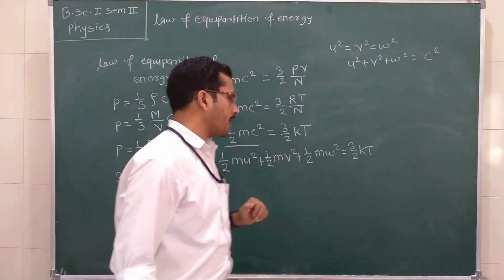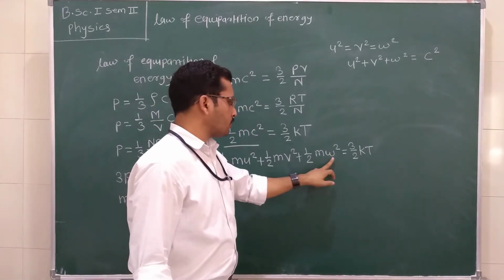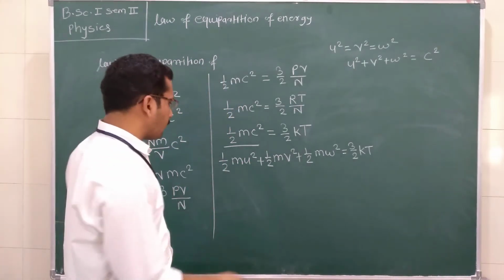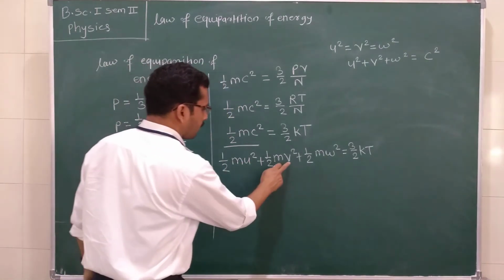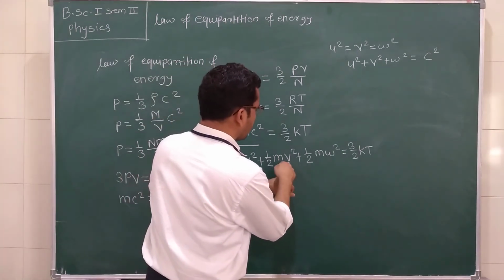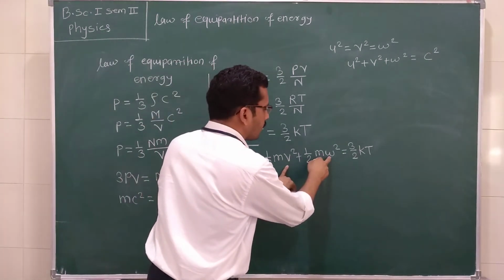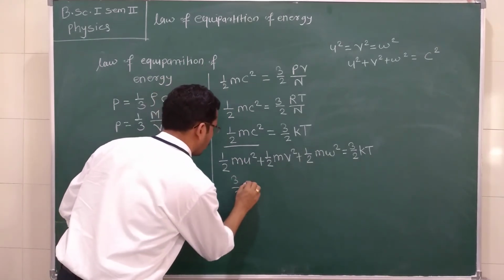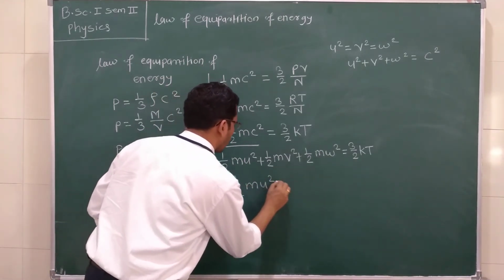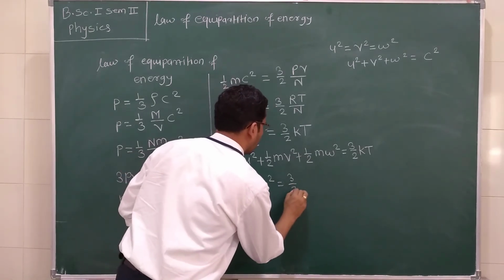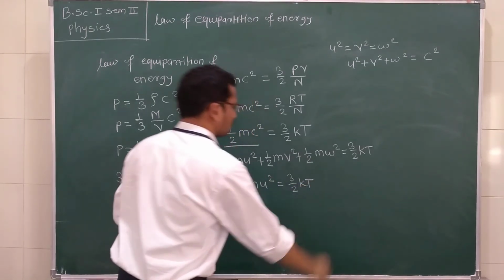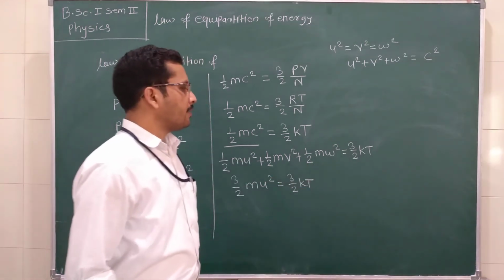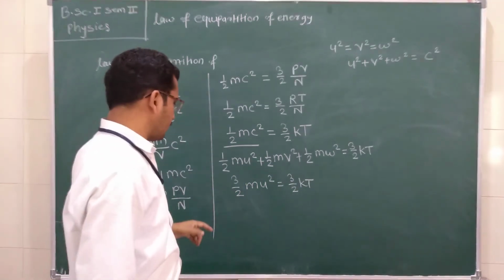So we can say that v² and w² are all equal to u². So this equation can be written by replacing v² by u² and w² by u². So it is equal to 3/2 mu² is equal to 3/2 kT. Okay, because u, v and w are all the same.